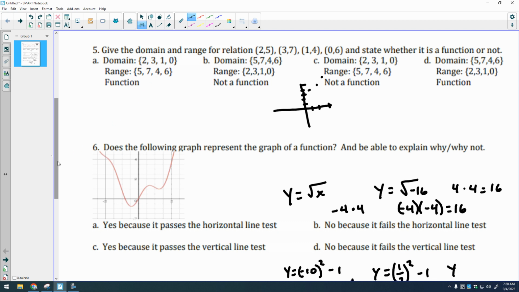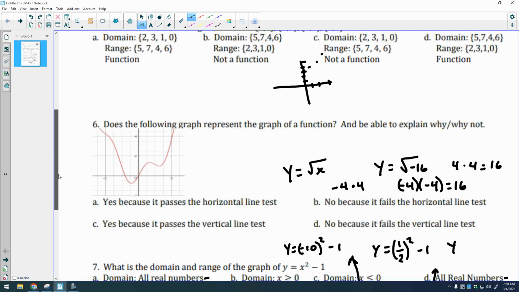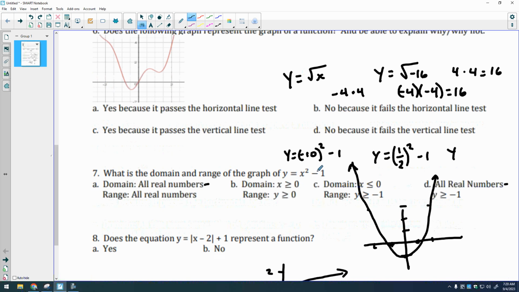You may ask, well, how do I know if it's continuous? If it's in an equation format, it will be continuous unless we get to something down the road called rational functions. There's a few functions we have to worry about. For right now, everything that we know is continuous.